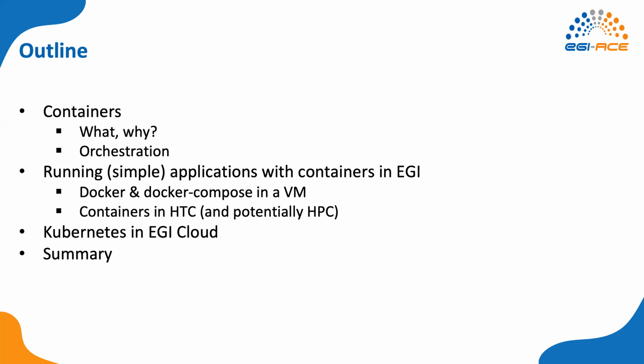Then from that introductory part, I will move into the more practical side of things, explaining how to run simple applications with containers in EGI, using different methods, which we will see. Then a bit on how to run Kubernetes in the EGI Cloud, and then a summary trying to cover what was described before. So let's get into it.